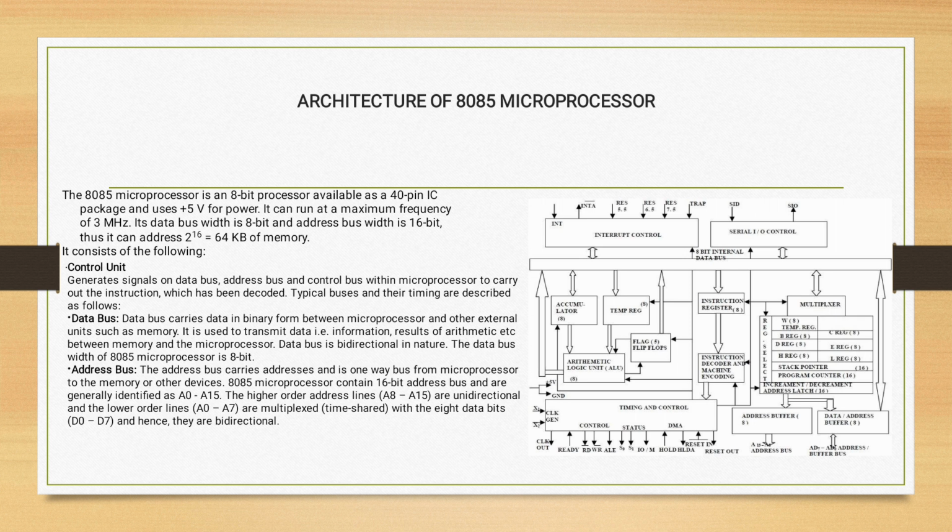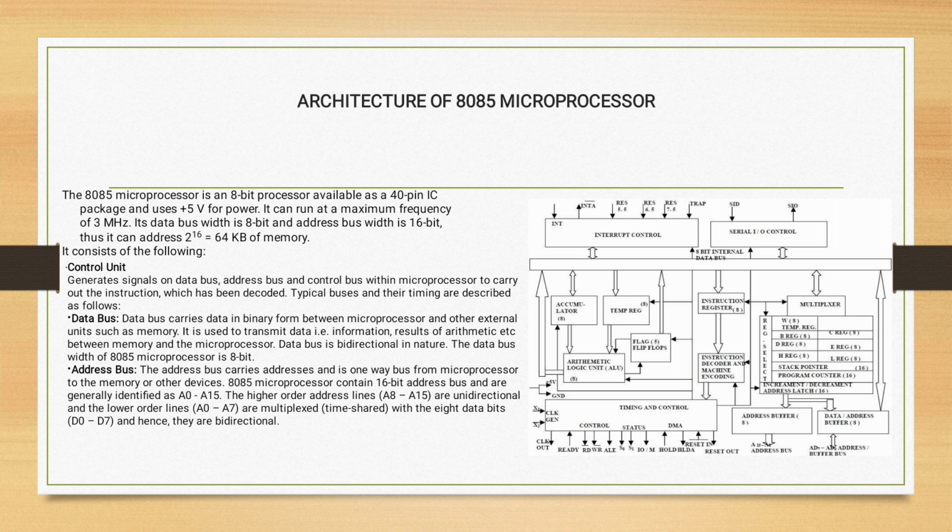These are basically called the control unit, data control unit, and another one which I have already discussed. This is called the buses. Buses are basically classified into three types: address bus, data bus, and control bus.